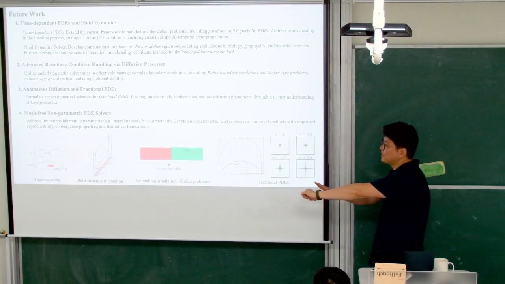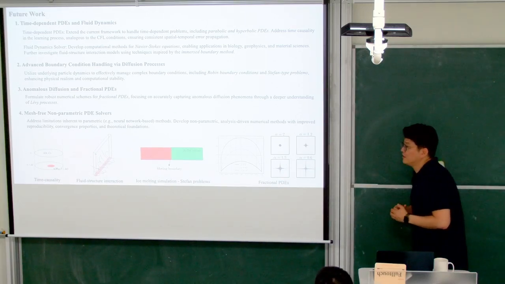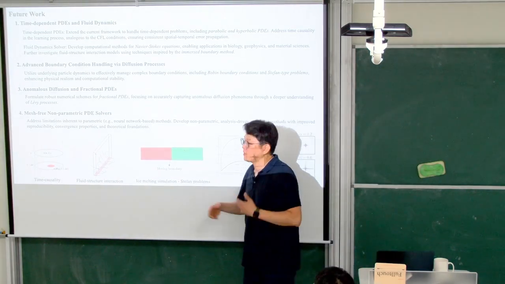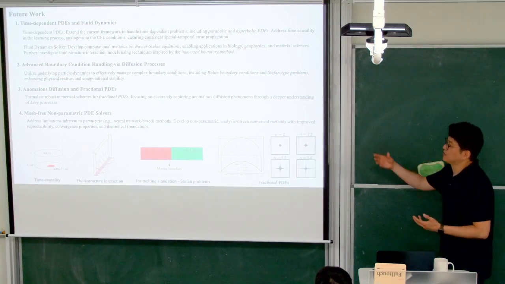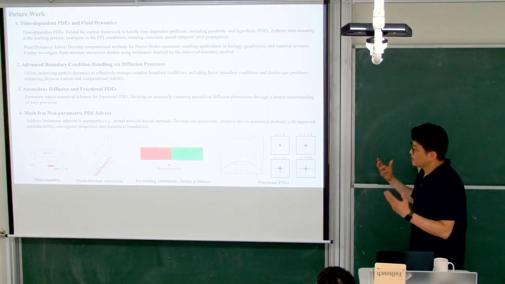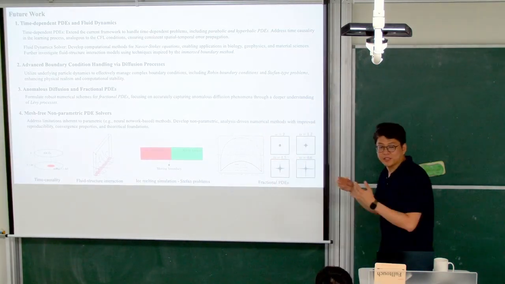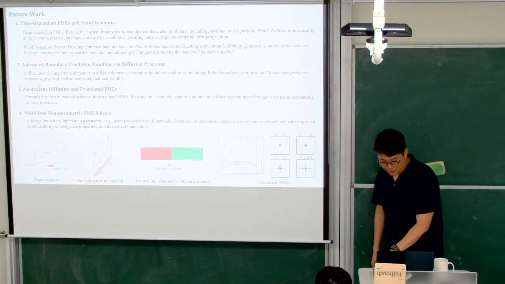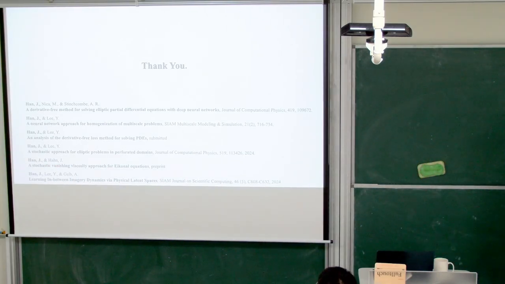So in this manner, we have some preliminary work that, without the neural network but still mesh free, can solve the Laplace equation. We succeeded in solving this one, so I will build up this approach to more general PDE solvers. Okay, this is my future work. Thank you for listening.